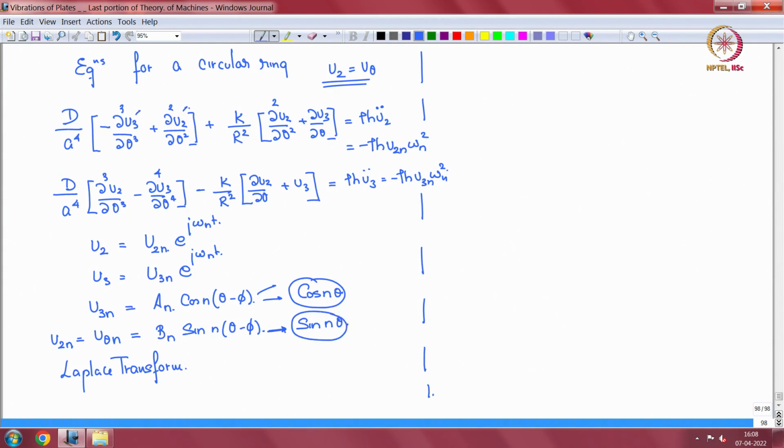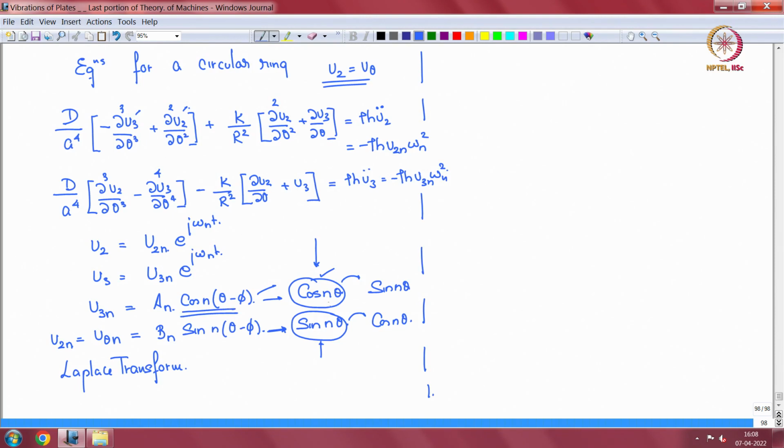Okay, so I said this is one set of modes. If you just stick with it, some displacement is missed out. Okay, so u3n can also be sine n theta type of modes. At the same instant, u theta n will be cos n theta type modes. Okay, so in order to represent these two together, the combination looks like this.